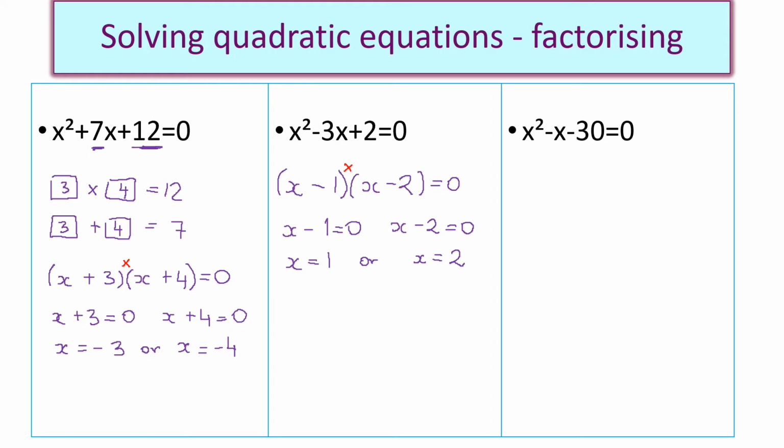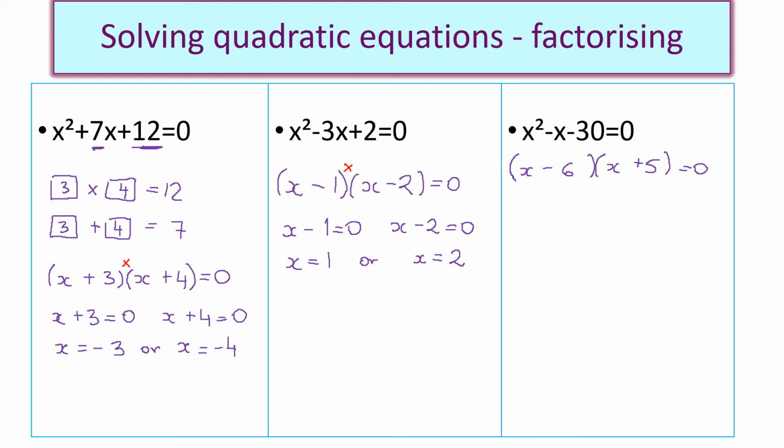In the last example, again I need to factorize it first. Hopefully you can all see that you need x take away 6 and then x plus 5, because when I multiply negative 6 and positive 5, I get negative 30, and when I add negative 6 and 5, I get negative 1.